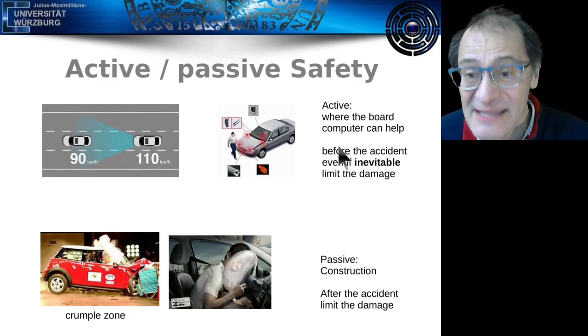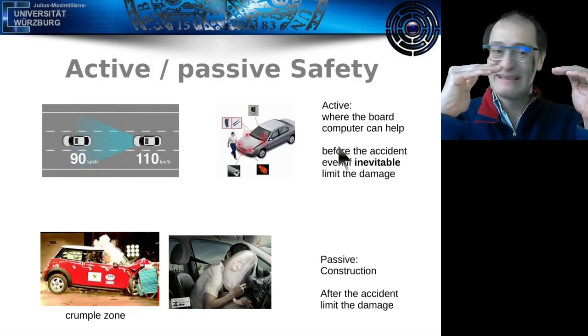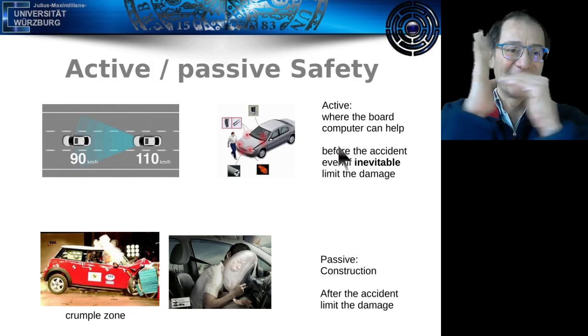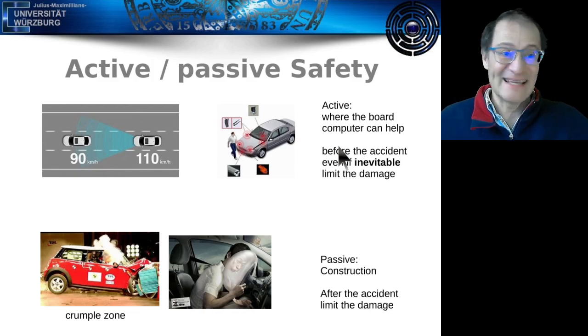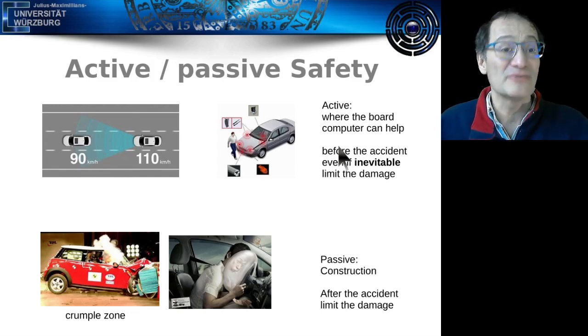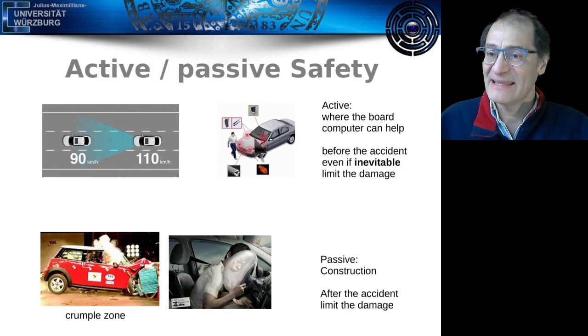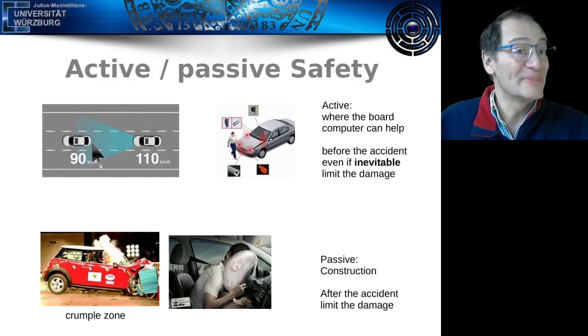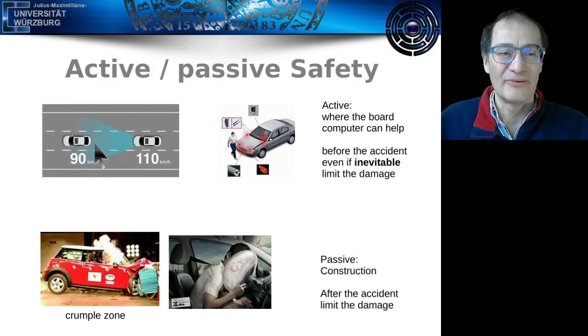Or if the accident is inevitable, you see it's not possible to avoid: if you take a look at the speed and when the collision is going to take place, and you know, according to physics, you cannot avoid this, then do everything you can to reduce the damage. For example, auto brake. Let's take the example of cars, to keep the distance. This will be an active safety, and if you see you cannot avoid the collision, make the biggest brake you can.